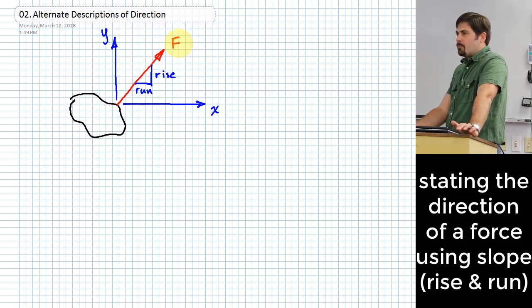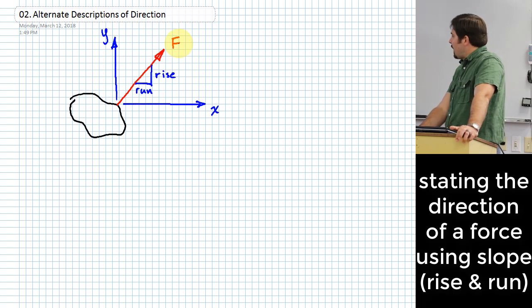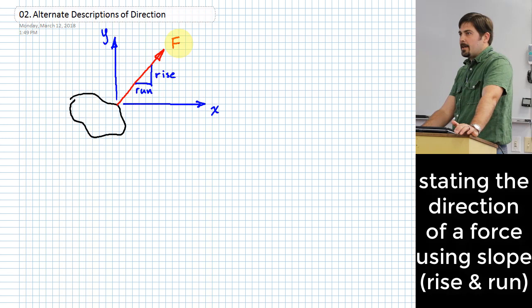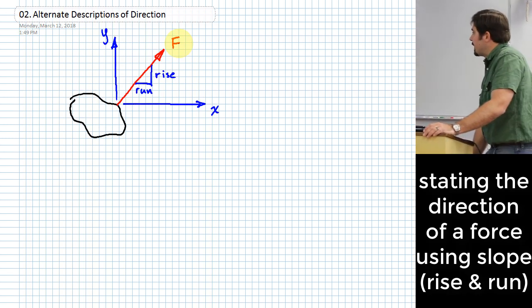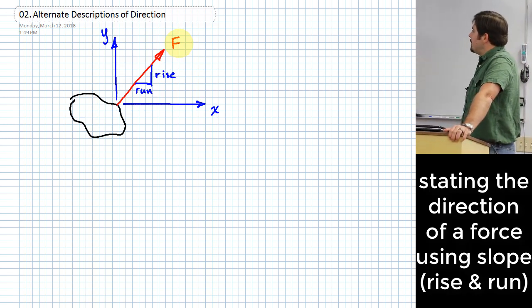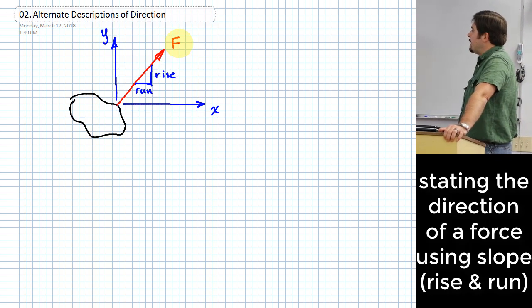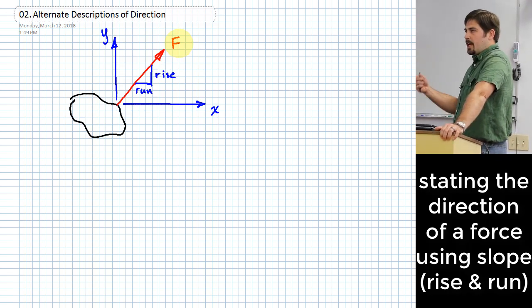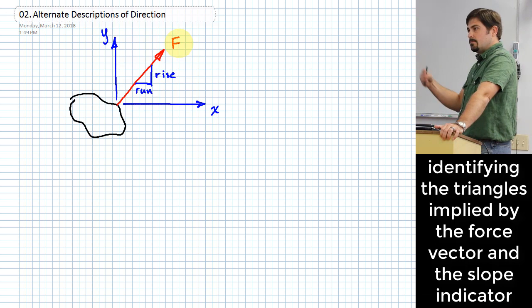Right now I'm doing it in general terms, but in the actual problem you would know values for F, rise, and run. How would I go about splitting my force F into components knowing those pieces of information?